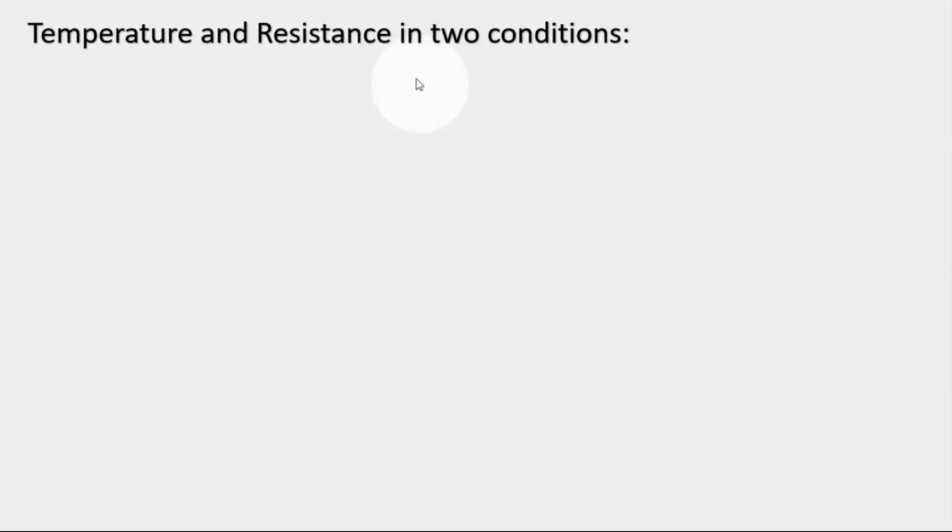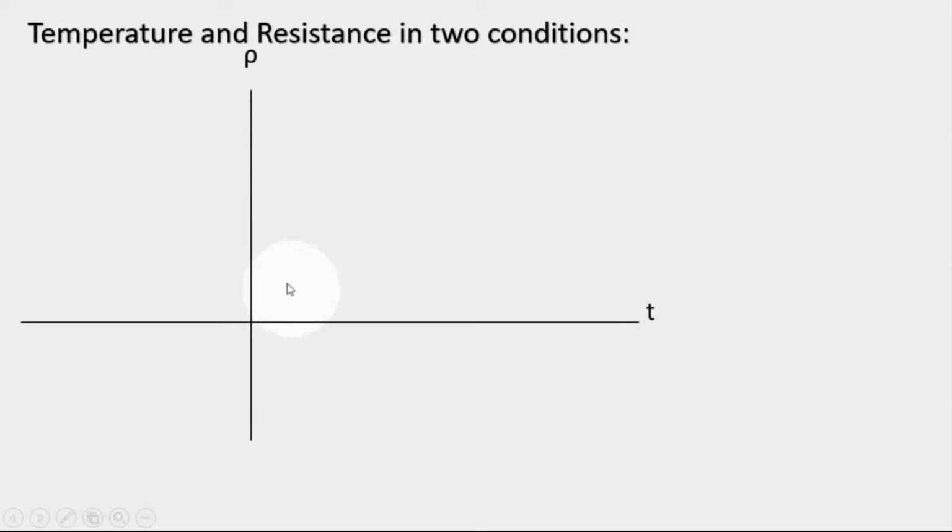I have here an XY plane, representing the x-axis as my temperature and the vertical axis as my resistivity. The temperature and resistance relationship is shown by this blue line or curve.